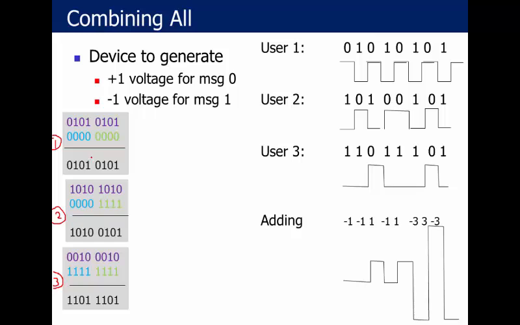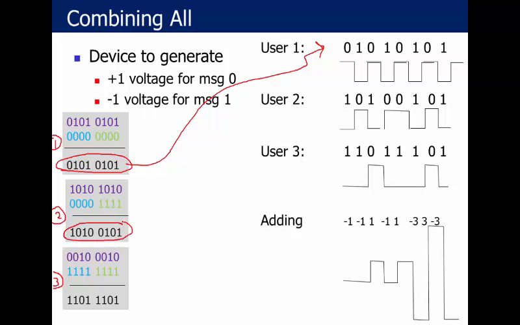Simply, in our case, if a chip is 0, then we send out high voltage. If the chip is 1, then low voltage. The chipset from user 1 is this.